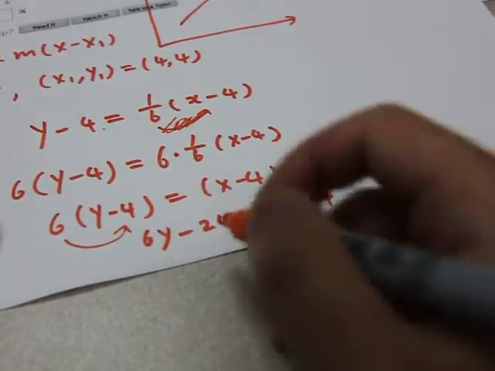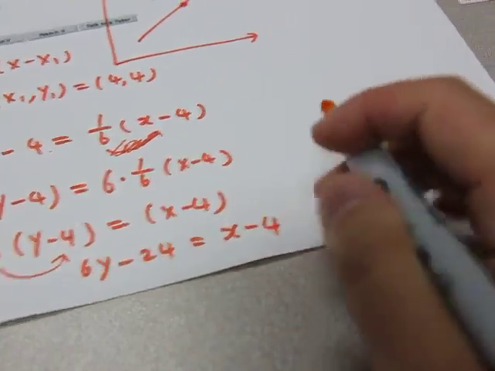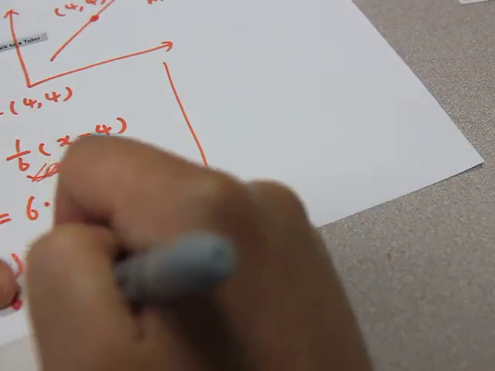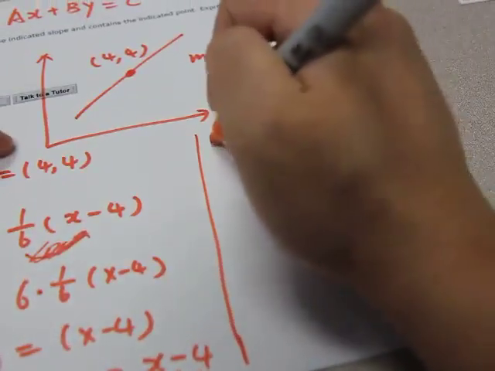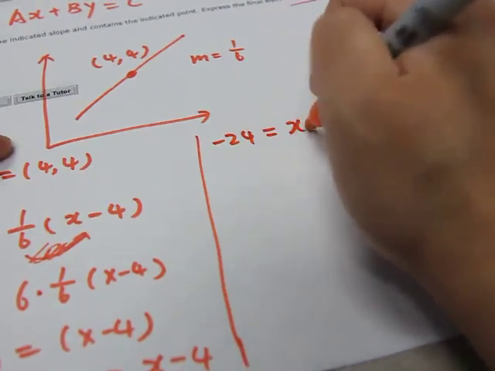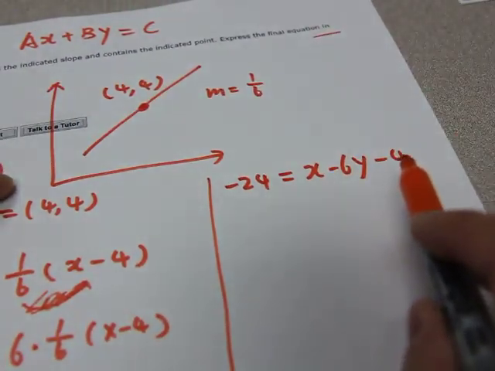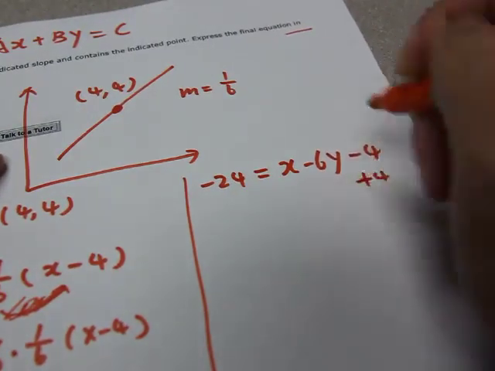So in this example, I will bring the 6y to the right by subtracting 6y from both sides. And I will bring this constant negative 4 to the left by adding 4.